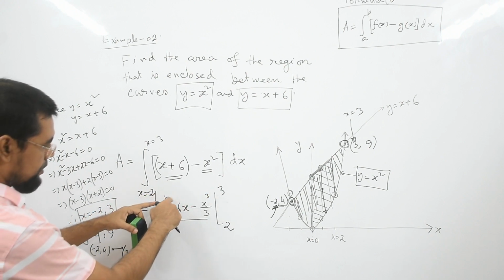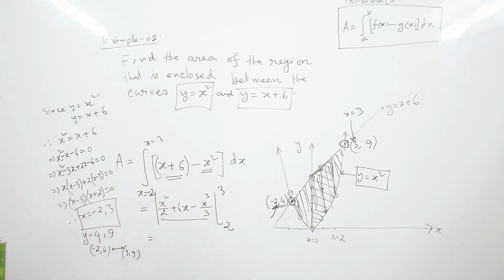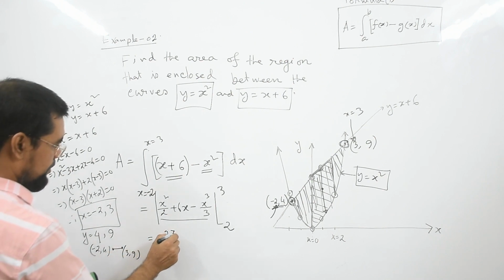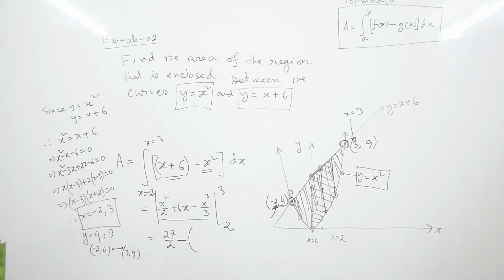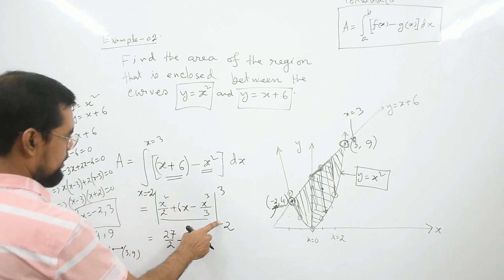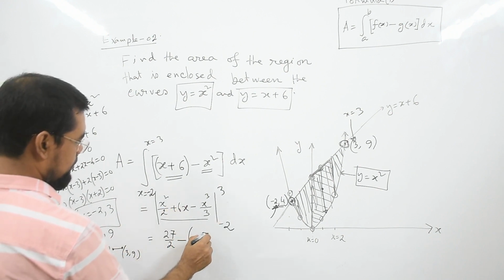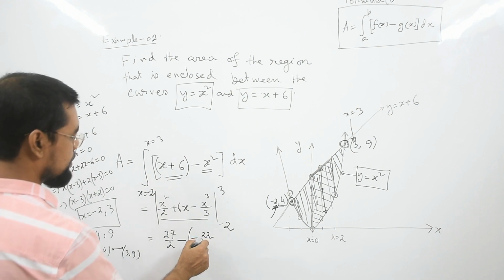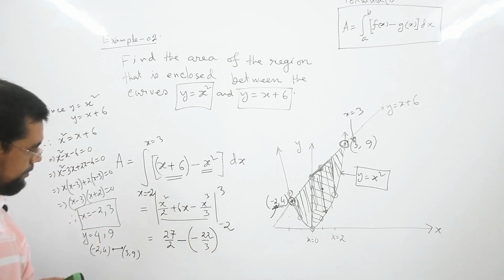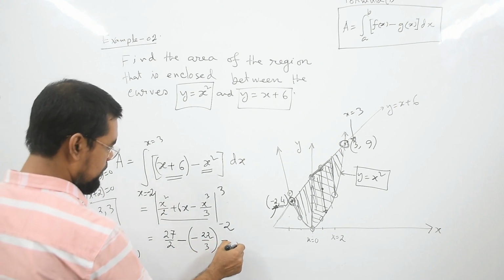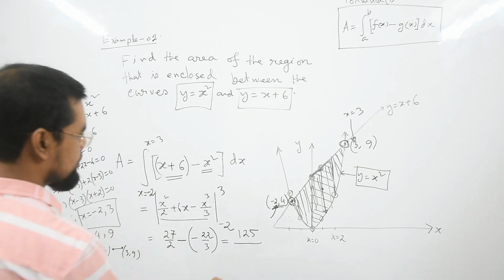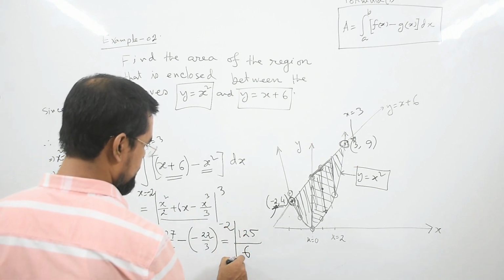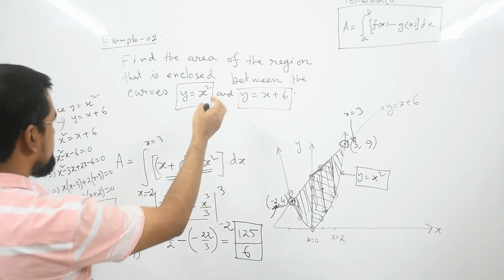If you put the upper limit instead of x, then you will get 27 by 2 minus, if you put the lower limit which is minus 2 instead of x, then you will get minus 22 by 3, and the final answer will be 125 divided by 6. So this is the area between these two curves.